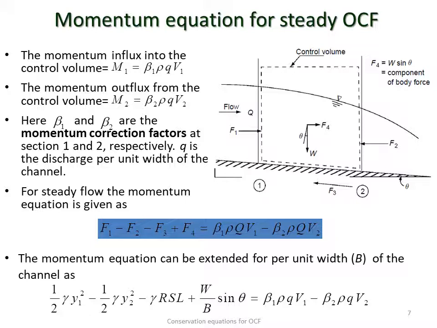For a steady flow, the momentum equation here is given as the equation which is shown in blue, which is F1 minus F2 minus F3 plus F4 equals beta 1 rho into capital Q into capital V1 minus beta 2 into rho into capital Q into V2. So this is the statement of the momentum conservation equation for a steady flow.